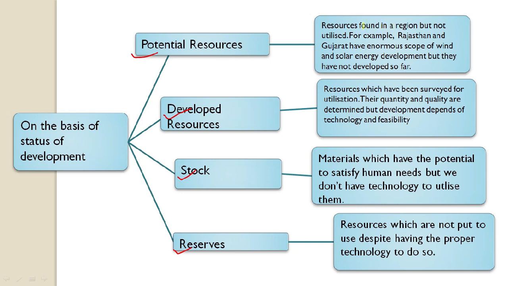Now let us try to learn what is meant by potential resources. Resources which are found in a region but not utilized. Let me repeat. Resources which are found in a region but they are not utilized.